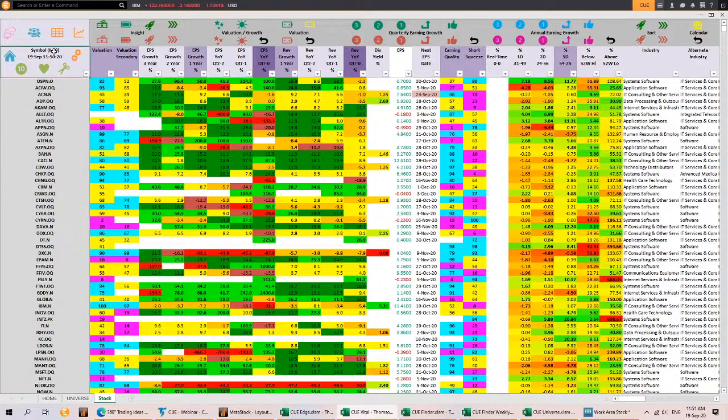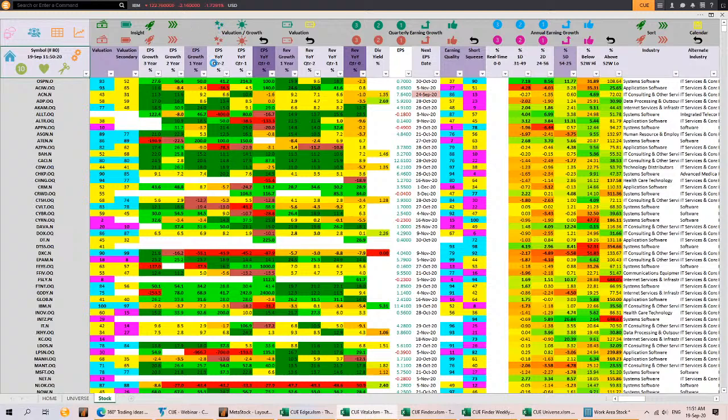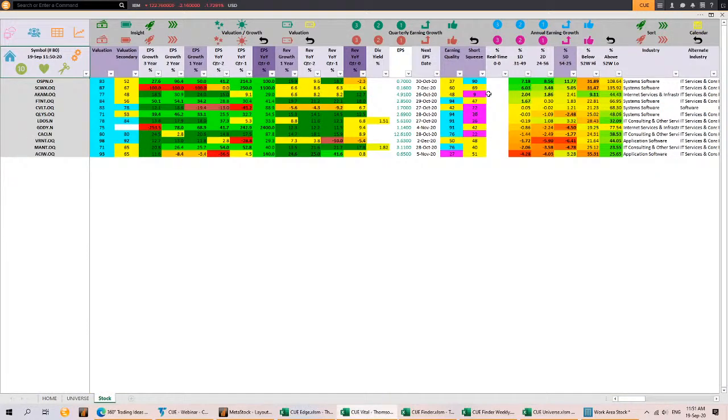So it will only show 80. But because I created a copy of Q Vital as Q Universe, I still have that list of stocks. This is a trick I use to speed up my stock finding, trade finding. So I may look at the 3 stars again, and I see OSPN is actually the best performer.